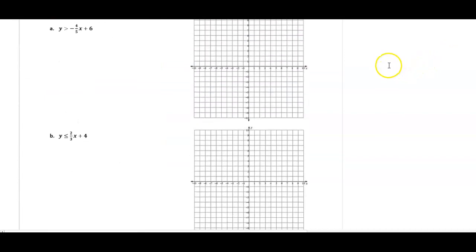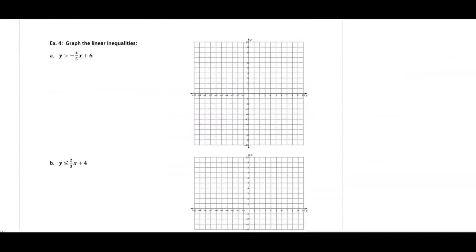All right? So now we go to graph these. If your line is in slope-intercept form, use the slope and y-intercept to graph the line. So here, the slope of this line is -4/5, which tells me I would go down 4, right 5. My y-intercept would be (0, 6).